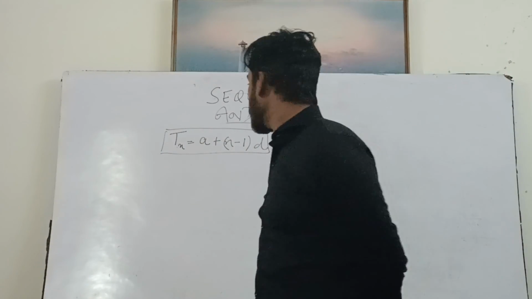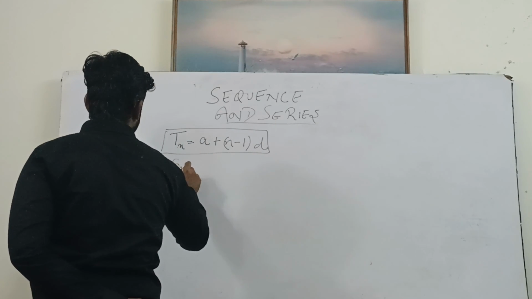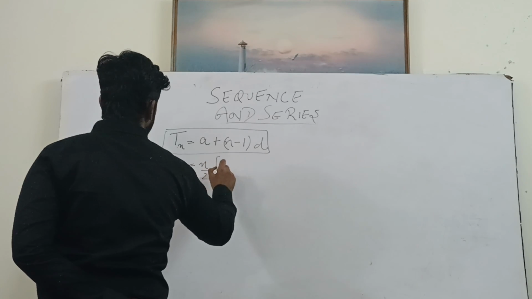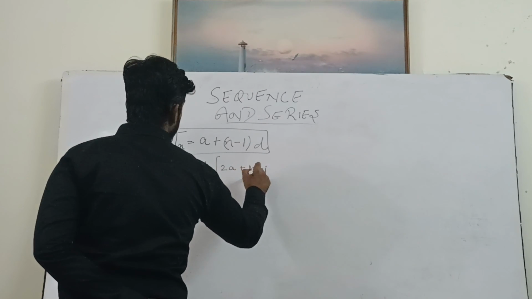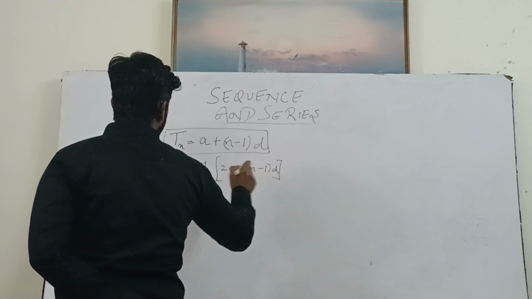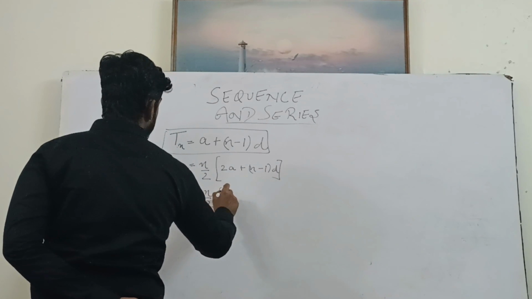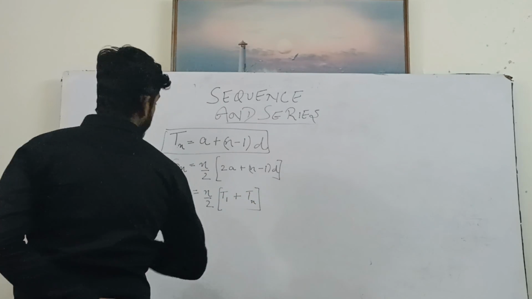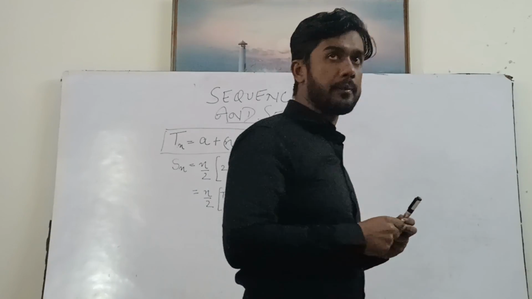Then we also saw we can write down the sum of an AP as n by 2 into (2a plus (n minus 1) into d), and we also wrote this down as n by 2 into (first term plus the last term). So today basically we will be solving a few questions on it.